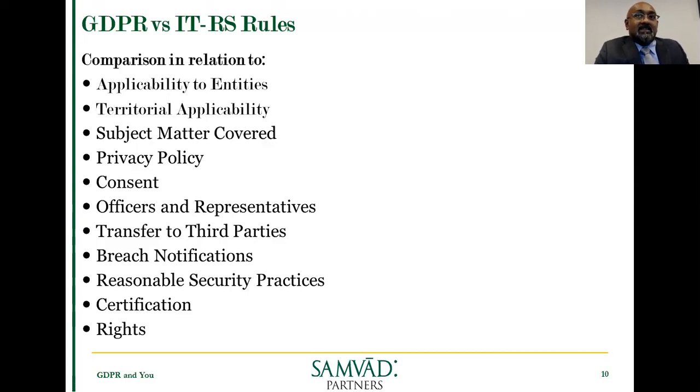Various provisions in that chapter are applicable to the creation of a privacy policy. In specific, for example, Article 12 requires that you communicate. So any communication you make relating to the processing of your data must be made in a concise, transparent, intelligible, easily accessible form using clear and plain language in writing.